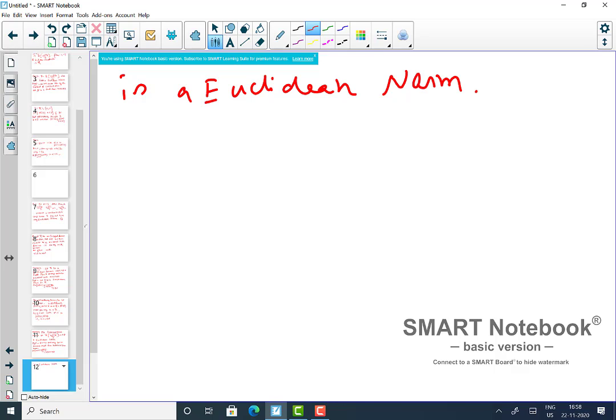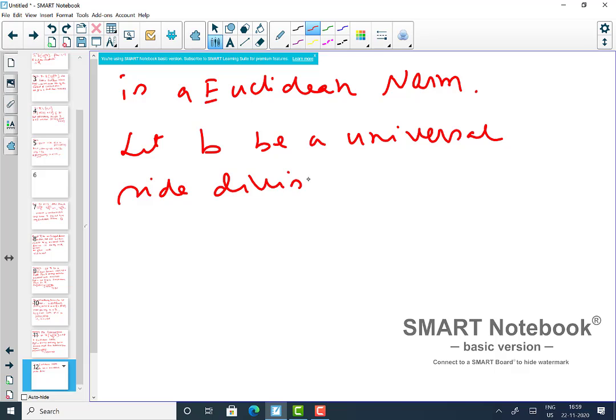That means if it is a Euclidean norm, you must have a universal side divisor, right? So let b be a universal side divisor of R. This R means Z[(1 plus square root of minus 19)/2].